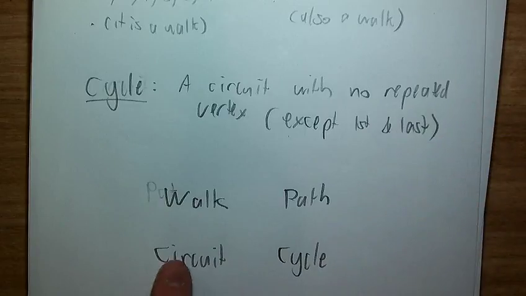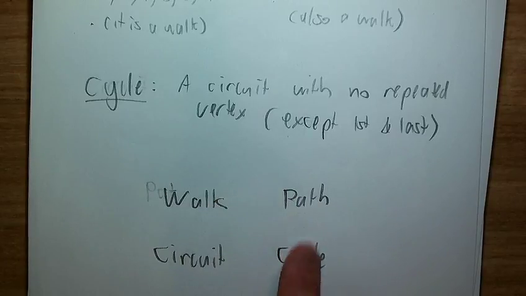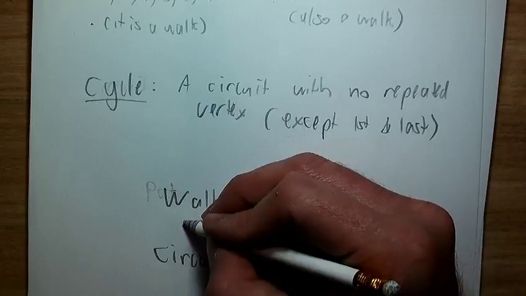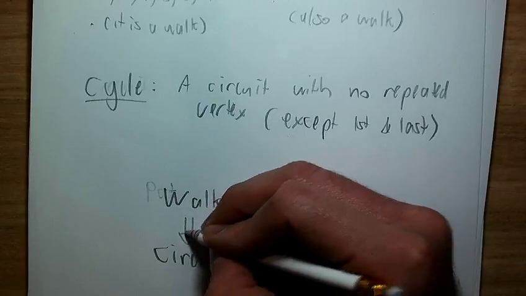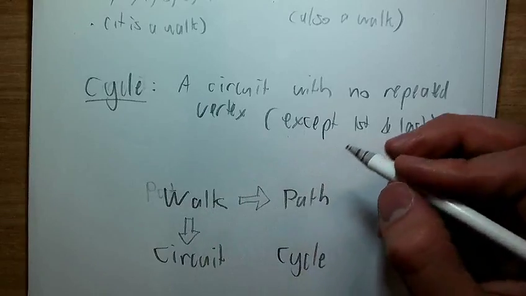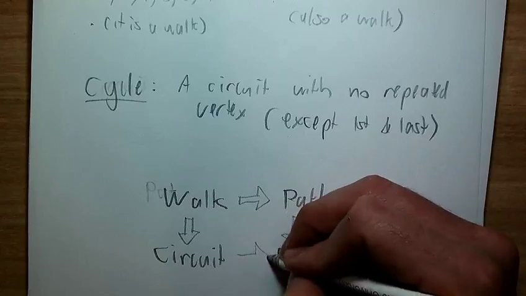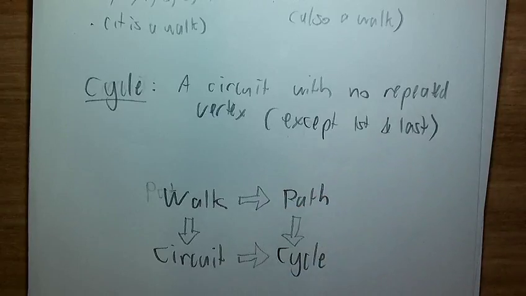Circuits are special kinds of walks, paths are special kinds of walks, and cycles are special kinds of both of these. So a cycle is a circuit that's a path, basically.